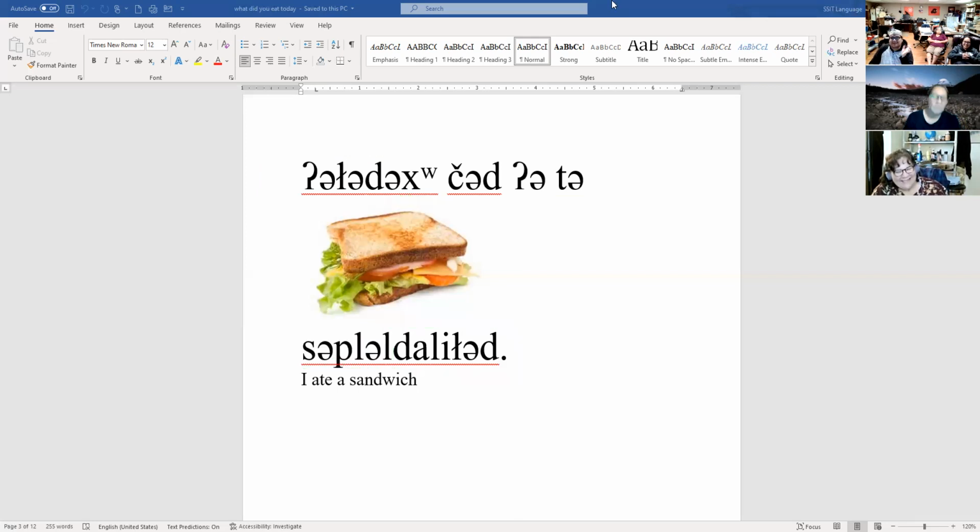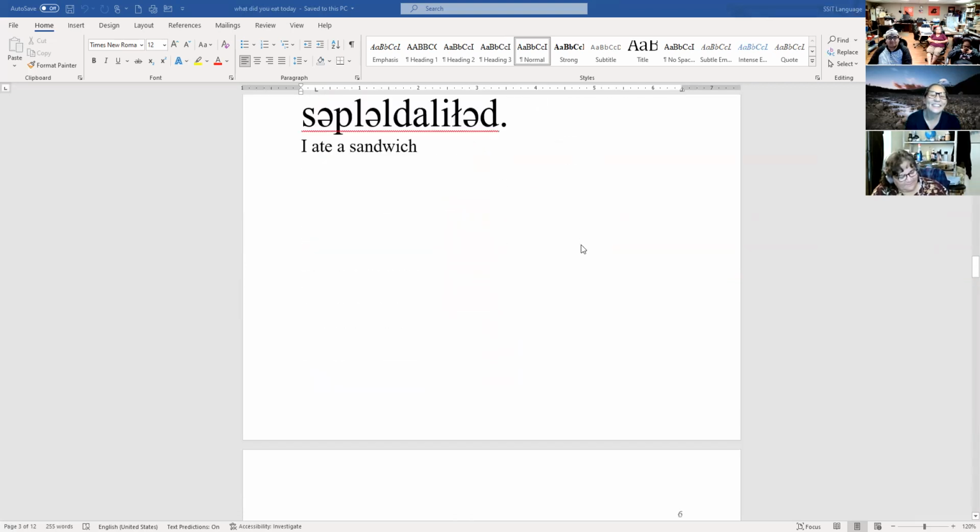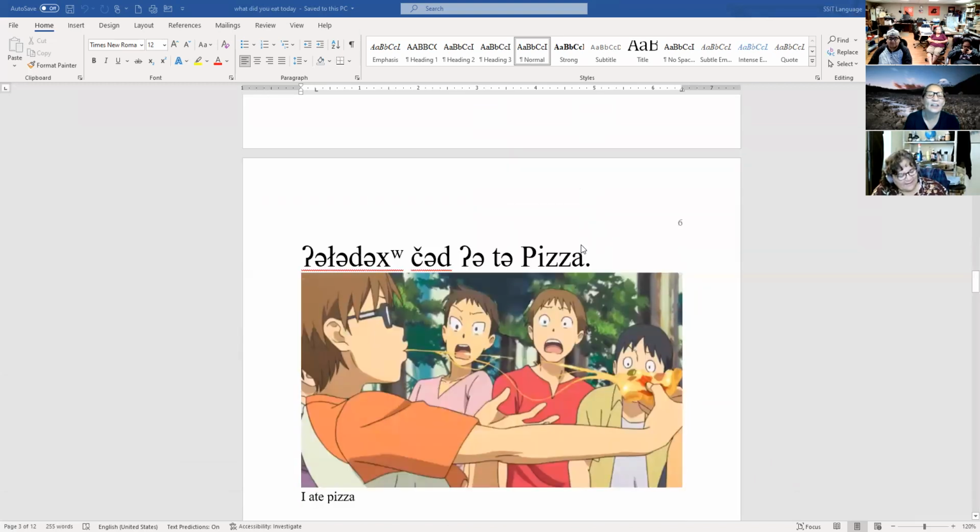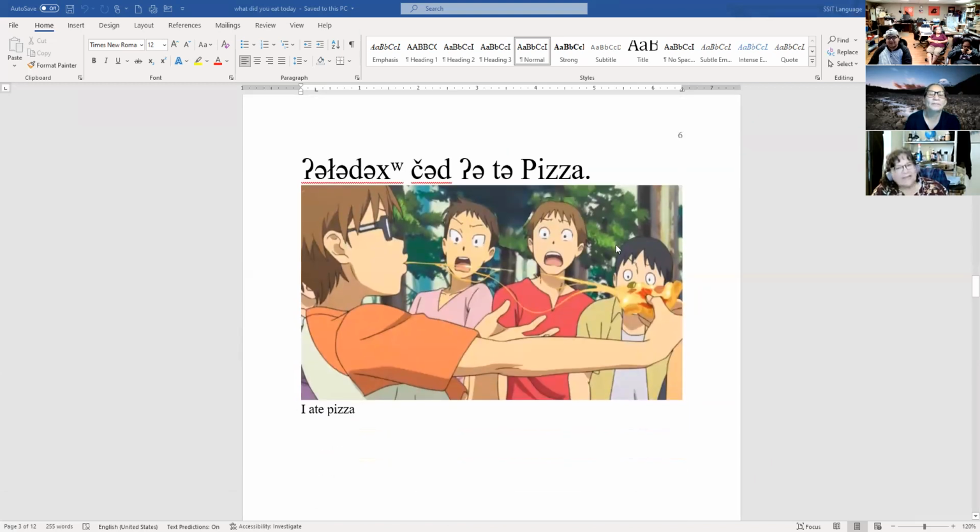Dal ethid is anything you can make a food out of, like shukwat dal ethid, sugar food, sweets. And because pizza is pizza, it needs its own word. It's called pizza.